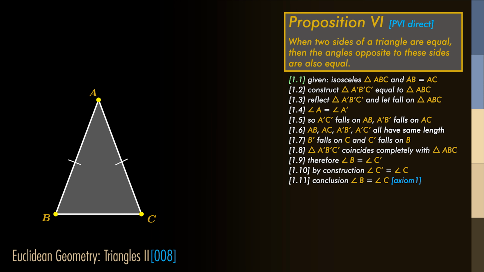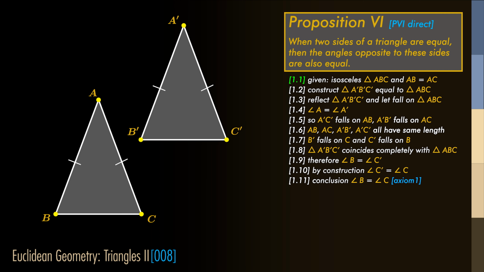We have an isosceles triangle ABC with side AB equal to AC. Let us construct a triangle A'B'C' that is equal to ABC in everything.